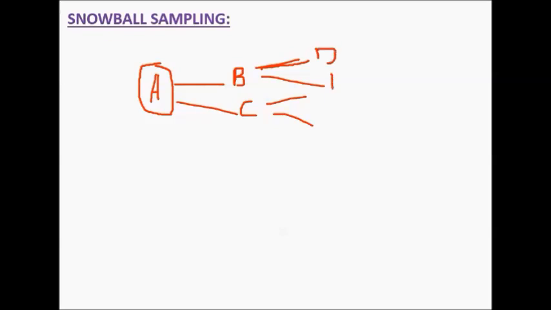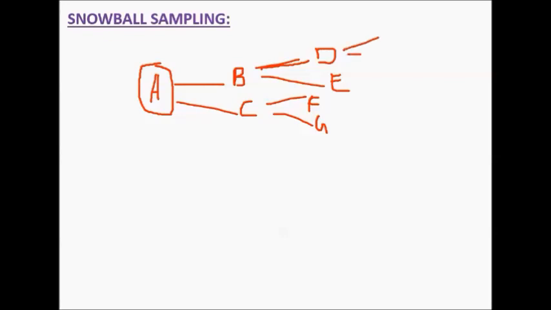Now you will ask A, do you know people who have kitchen gardens like you in their houses? So he will suggest two more, B and C. Yes, these two are my friends, they also have kitchen gardens. So B and C will suggest two more friends who have kitchen gardens in their houses, that is D, E, F and G. Then you will approach these four people.